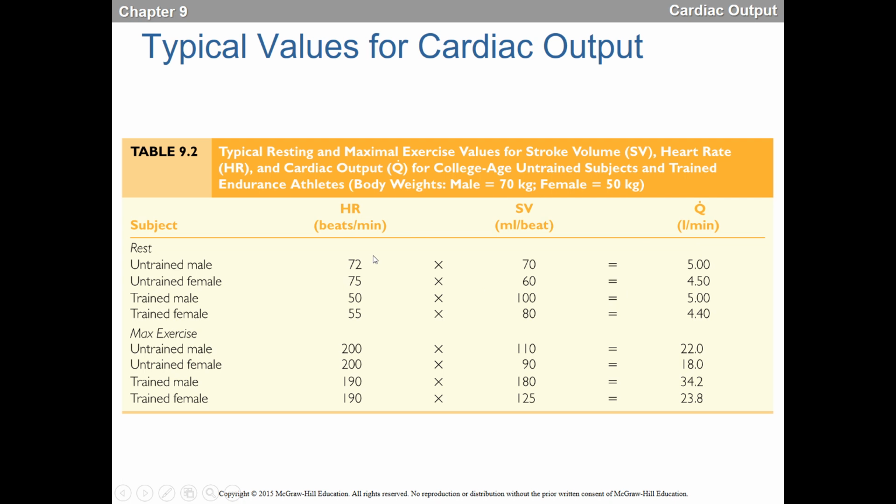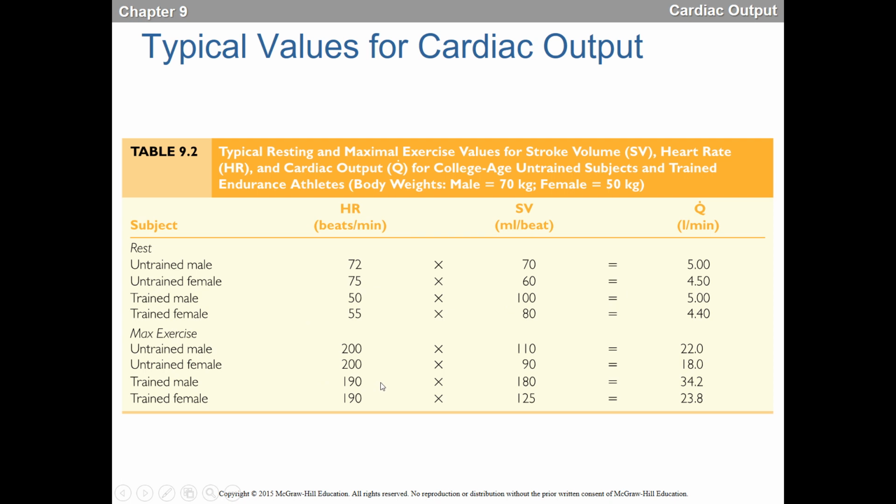What I really want you to be able to know is what's happening at rest and during max exercise for untrained versus trained individuals. At rest, cardiac output is maintained for both trained and untrained individuals, but heart rate goes down quite a bit and stroke volume comes up quite a bit.